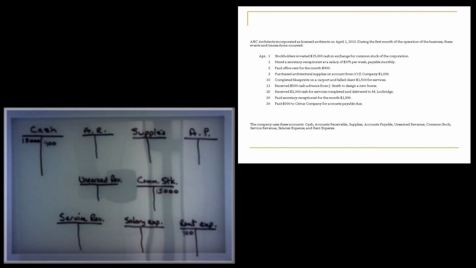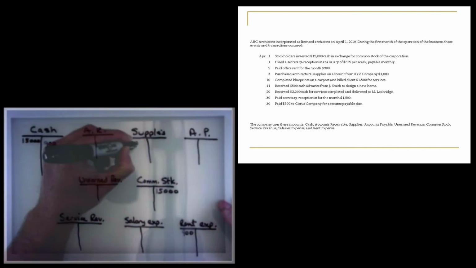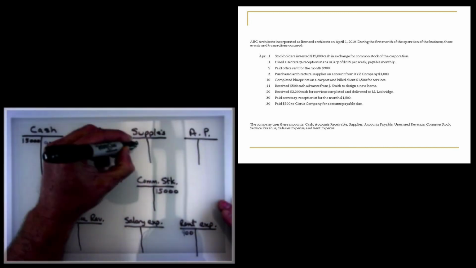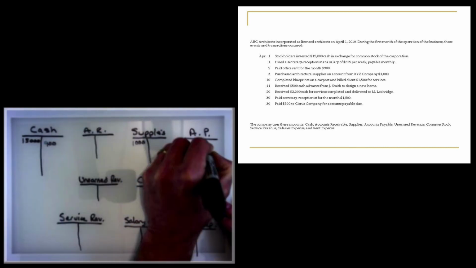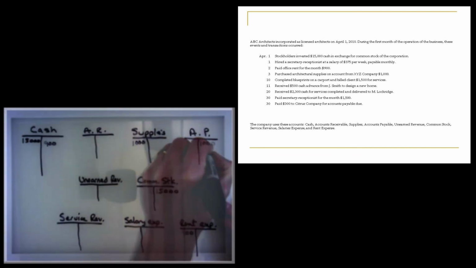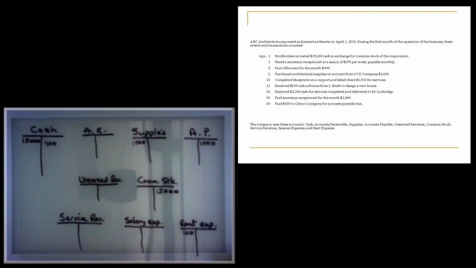Third journal entry. I see a debit to supplies for 1,000, credit to accounts payable for 1,000. So I'm going to debit supplies for 1,000, and I'm going to credit accounts payable for 1,000. And boom, I've just posted the journal entry. Fourth journal entry, debit accounts receivable, credit service revenue for 1,500.